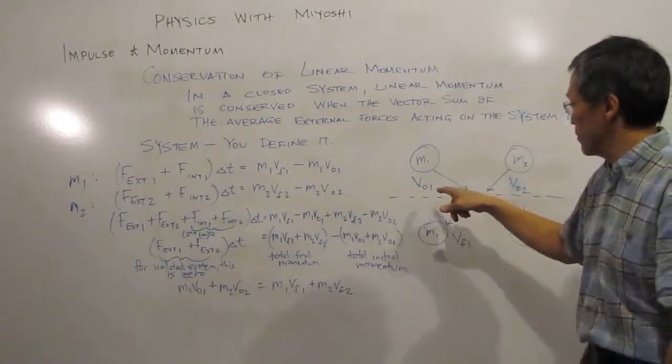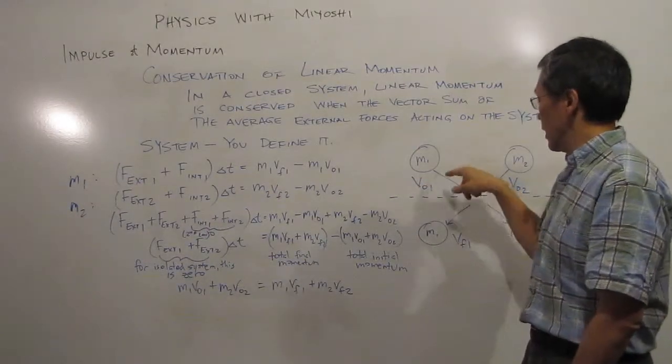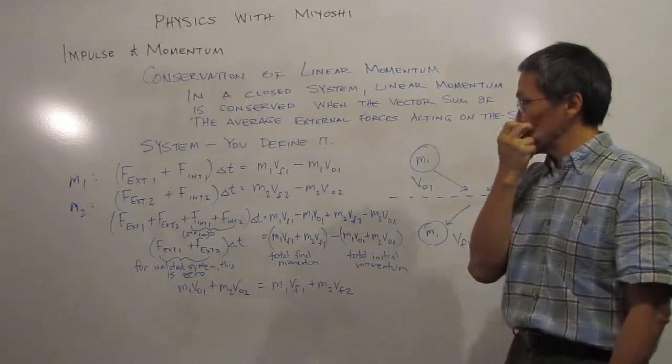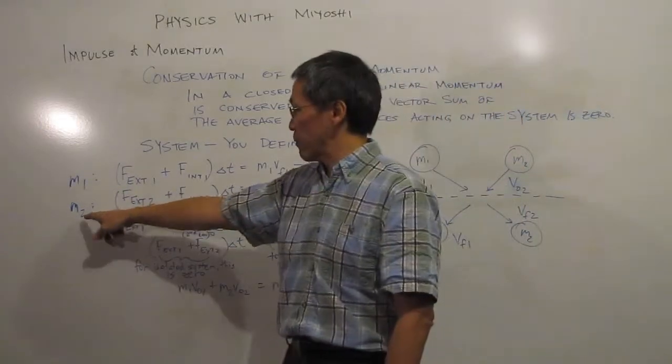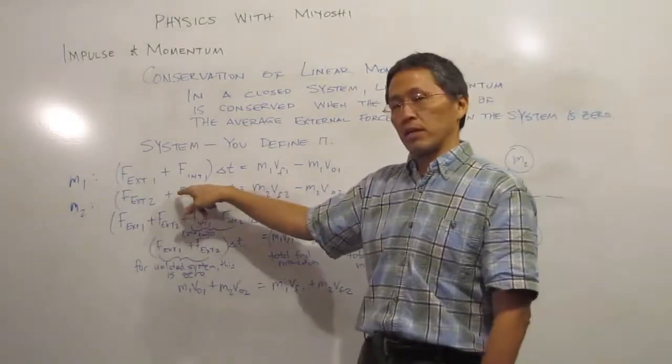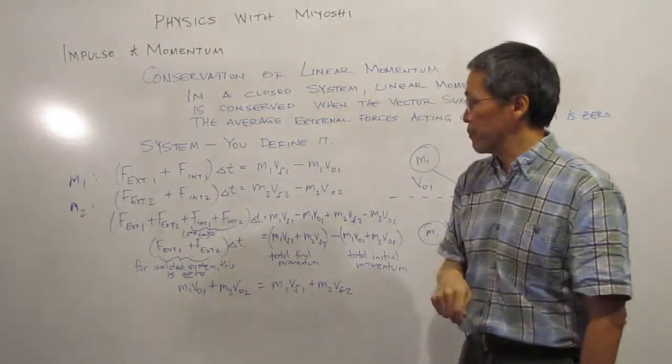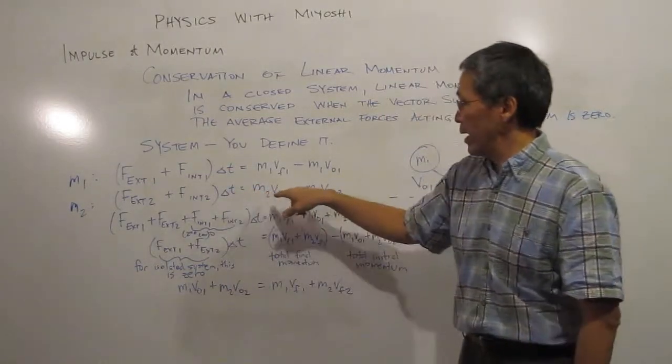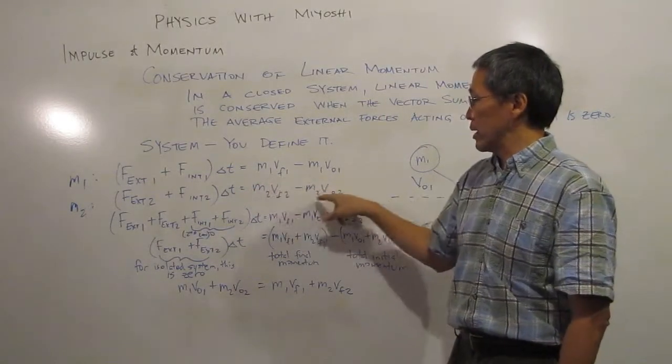The same thing would be true for mass 2: external forces plus internal forces times time gives us our impulse, and that's again our change in momentum.